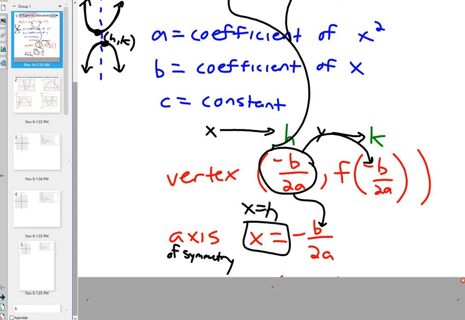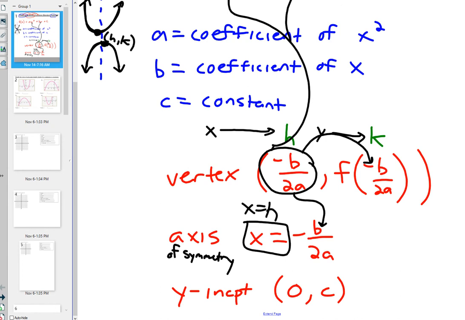It's not as nice as the vertex, but from standard form, you do get the y-intercept. Every parabola has to have a vertex and has to have a y-intercept. The thing is, you have to graph the vertex. You don't have to graph the y-intercept. If you do want the y-intercept, it's always going to be located at c, wherever c is. That'll be your y-intercept.